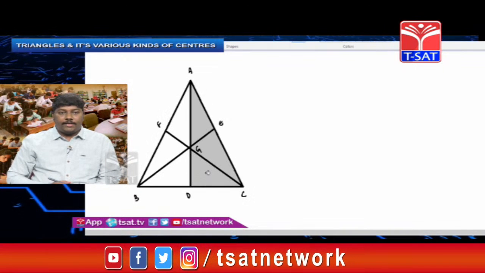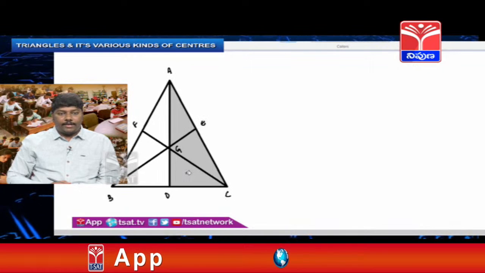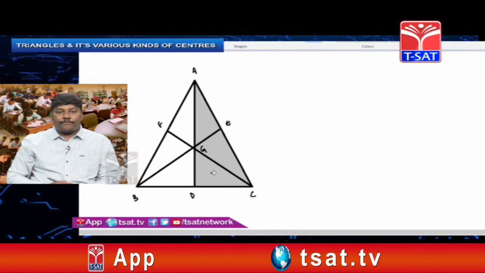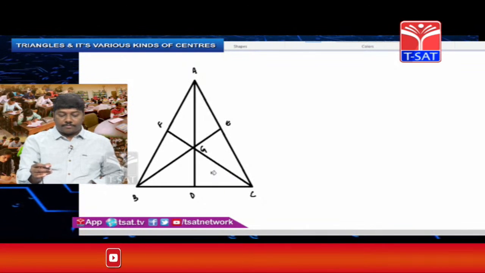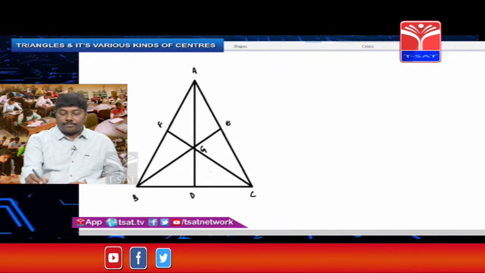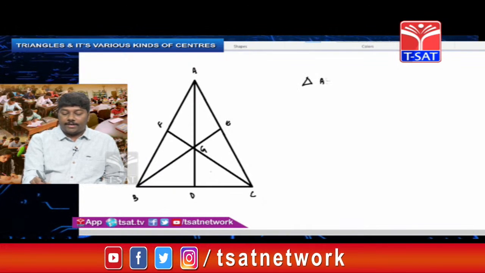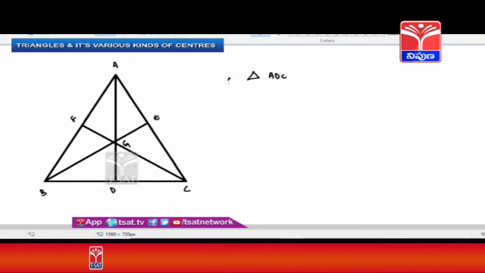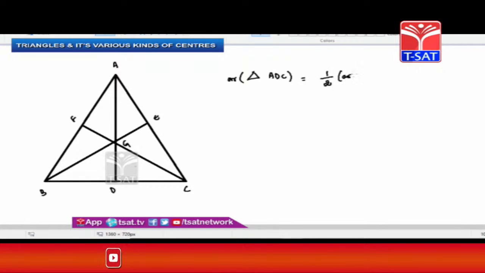Look at triangle ADC. Triangle ADC is exactly half of ABC. Triangle ADC is half of area of triangle ABC.